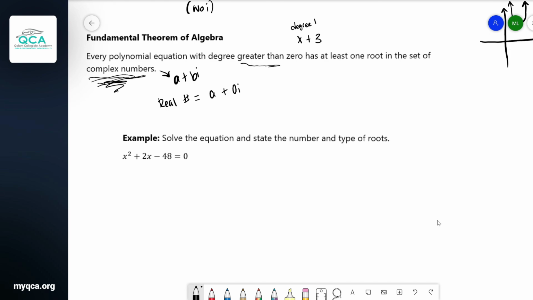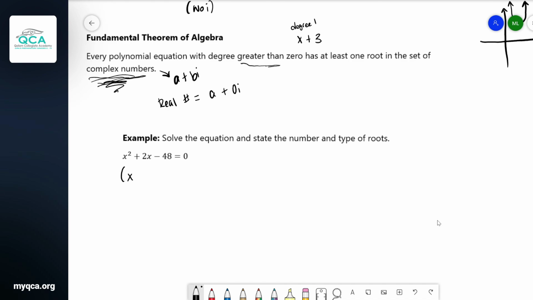I can factor this down into x, multiply what to get negative 48, but add them to get 2. 6 times 8 is 48, so negative 6 plus 8 will give me what we're looking for.